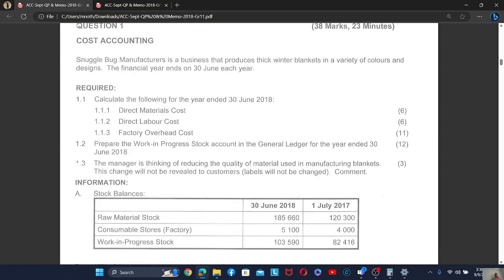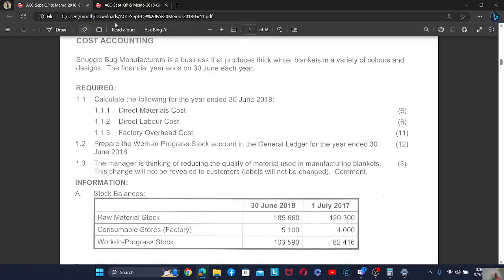The first question is about the cost accounting. We are told that this is a business that produces thick winter blankets in a variety of colors and designs. And then we are told that the year ends on 30 June each year, right?